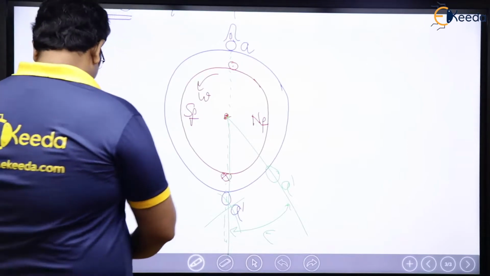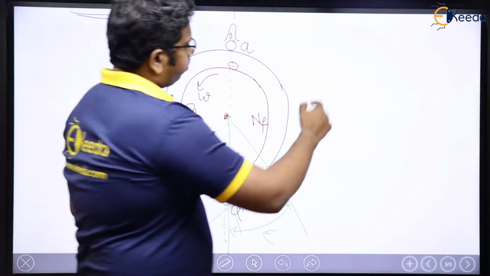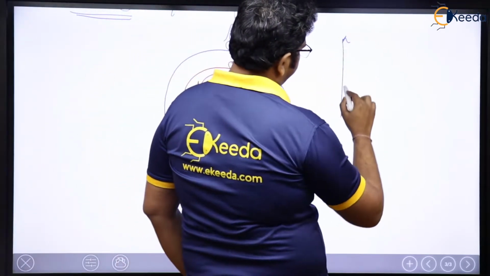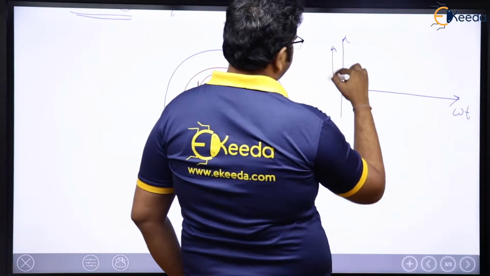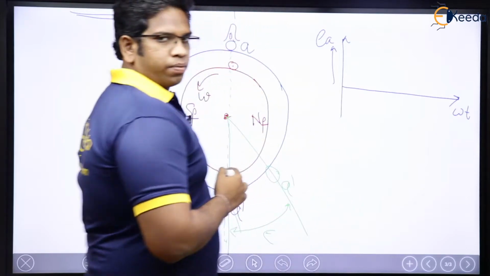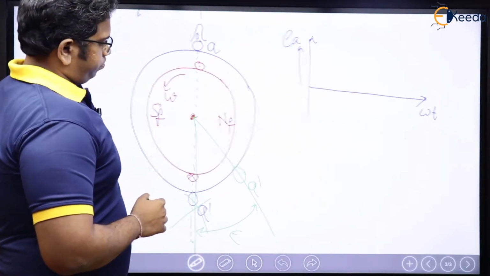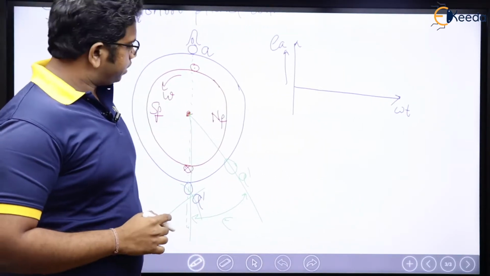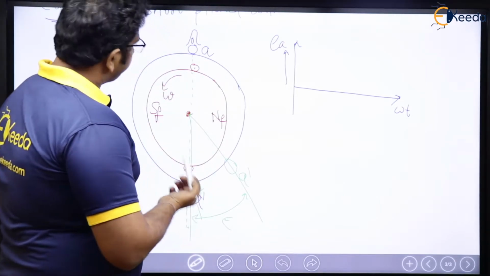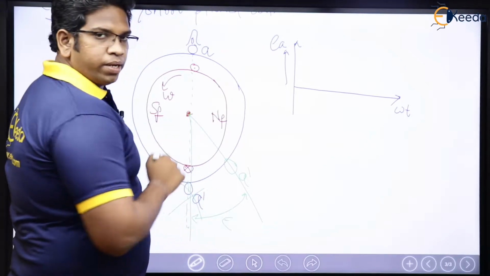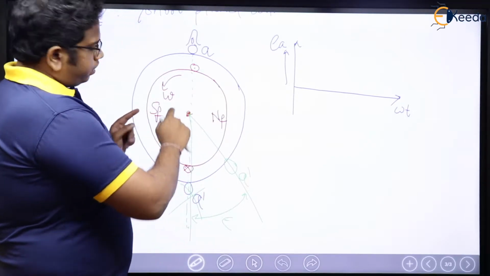See here. If you think of EA, this is omega t. Let me consider EA. EA in the sense, sir, see, very easy. If I consider EA, yes, EA. How will be EA, sir? EA in the sense, see, this is omega.